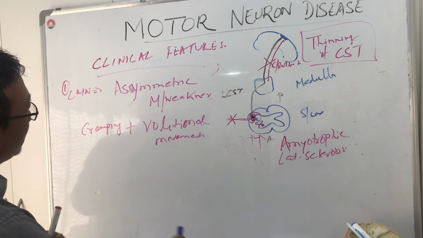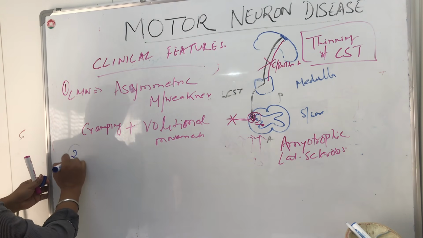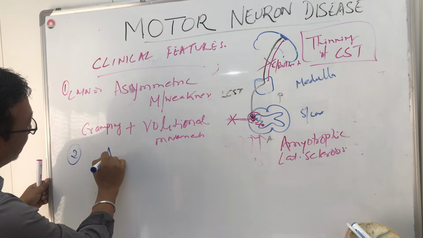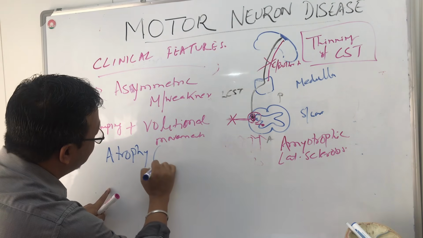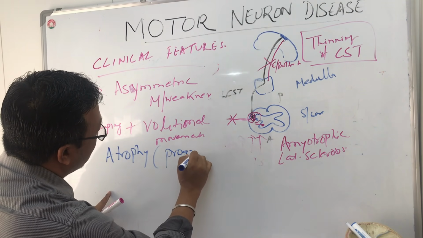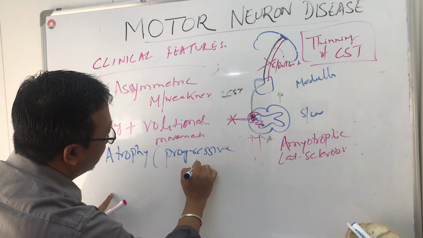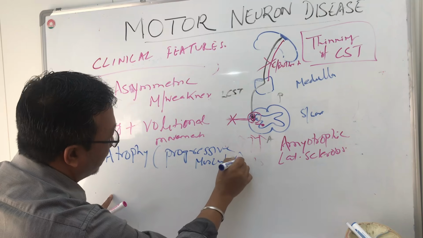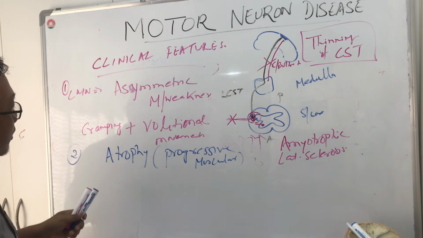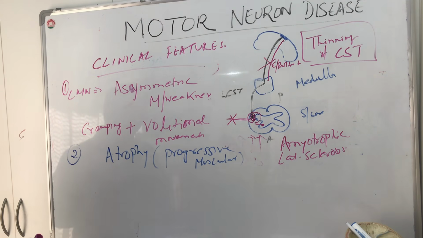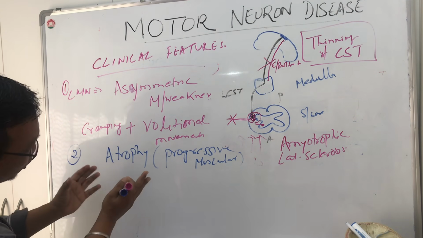Number two, in the clinical manifestation, he will have muscular atrophy, which comes from the name amyotrophic. But remember, this is progressive muscular atrophy. That is number two. And why is this atrophy there?